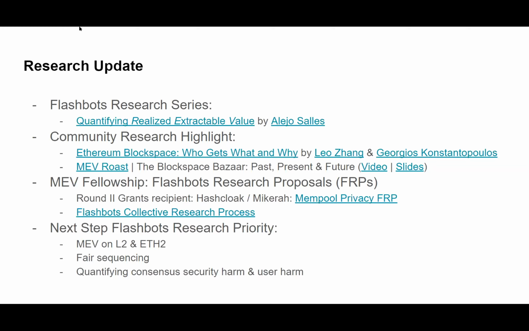So we want to be open with what we think about this, and the problem with fair sequencing essentially is who calls what is fair, right? So who decides what is fair? Fair has no universal definition. So anyway, this is an interesting research topic and something we want to pursue to try to have a constructive dialogue with the people that are favoring the first sequencing approach over the auctioning one.